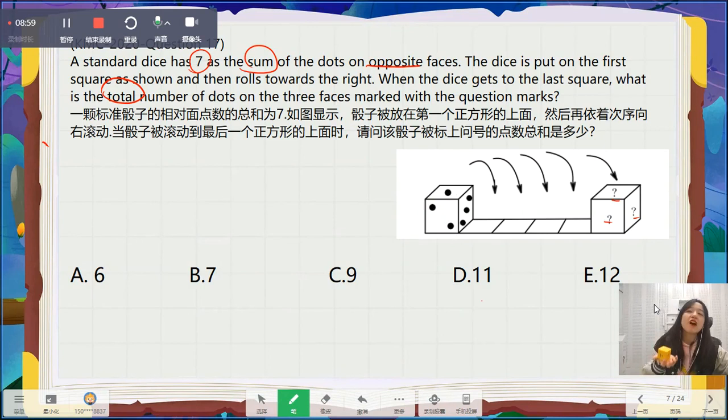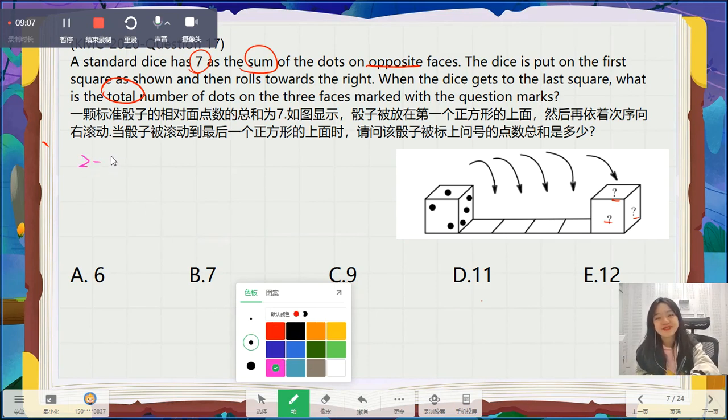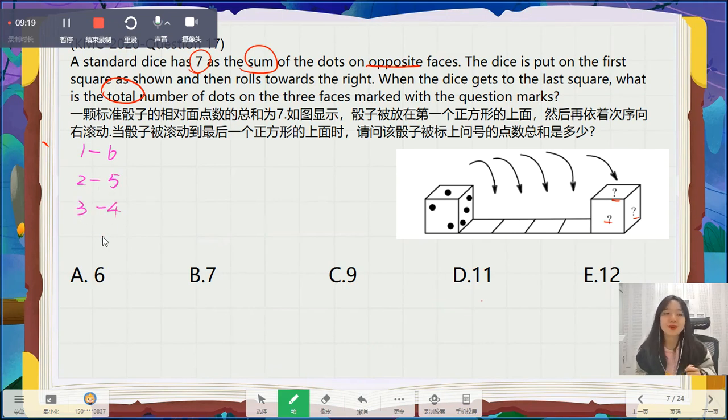We know the sum of the 2 opposite faces should be 7. We can start with 1, it's easier. Which is opposite to 1? 6. Which is opposite to 2? 5. Which is opposite to 3? 4. Because if we add them together, we can get 7. Okay, it's quite easy to find opposite faces. Now let's continue.